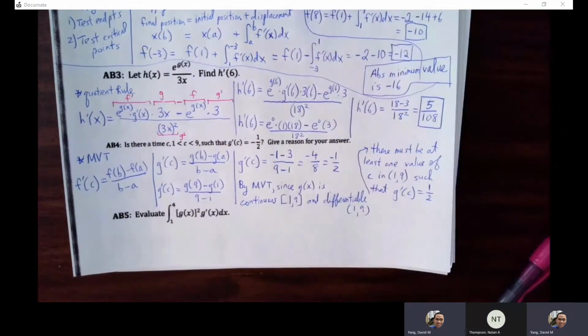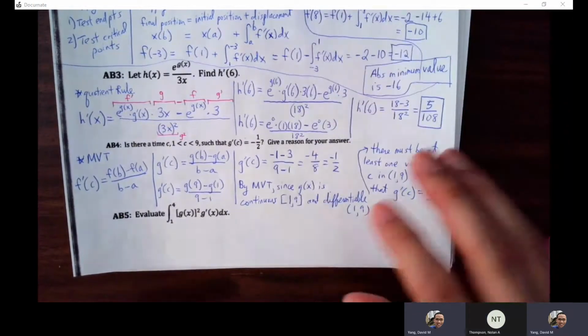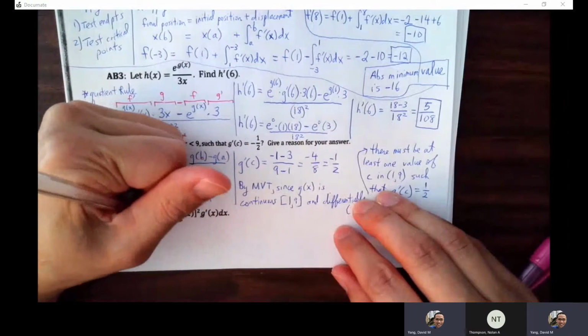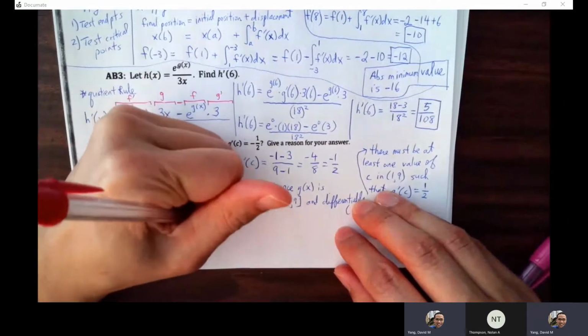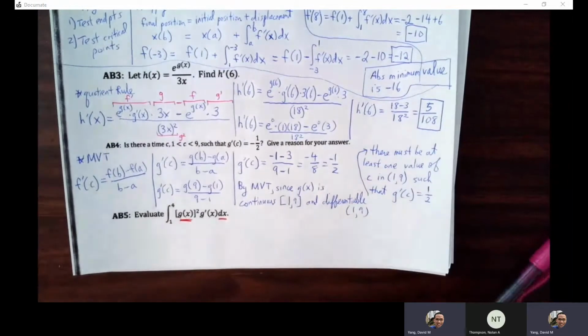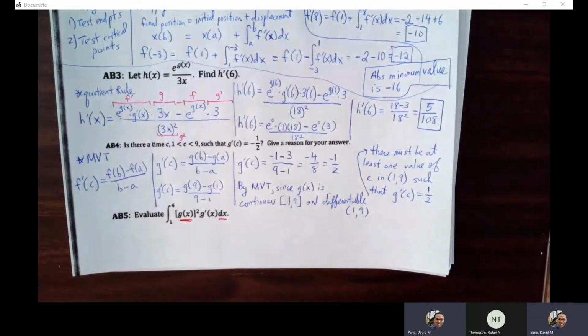Okay. So our U value is always going to be that portion inside our parentheses. So we're going to target this, replace the dx, and then hoping that the g prime will go away when we go through that process.